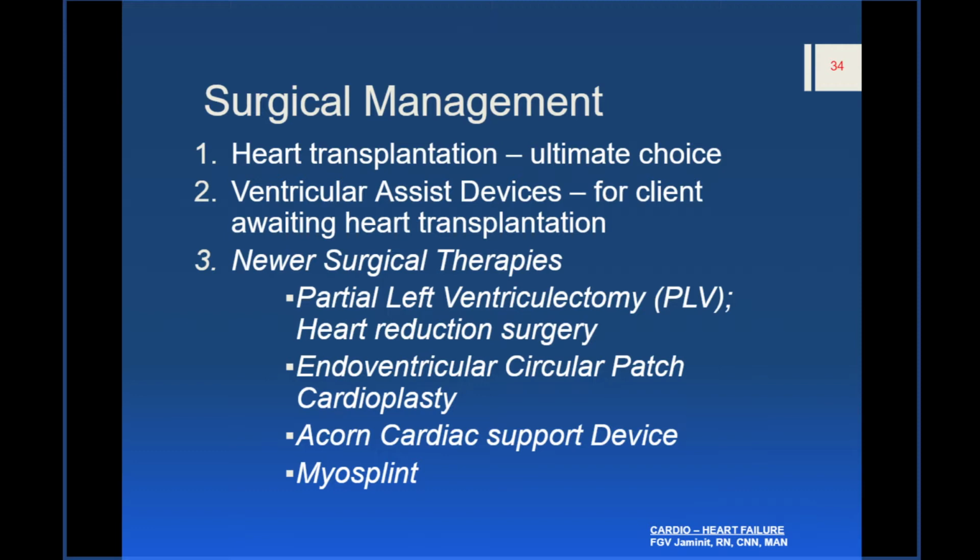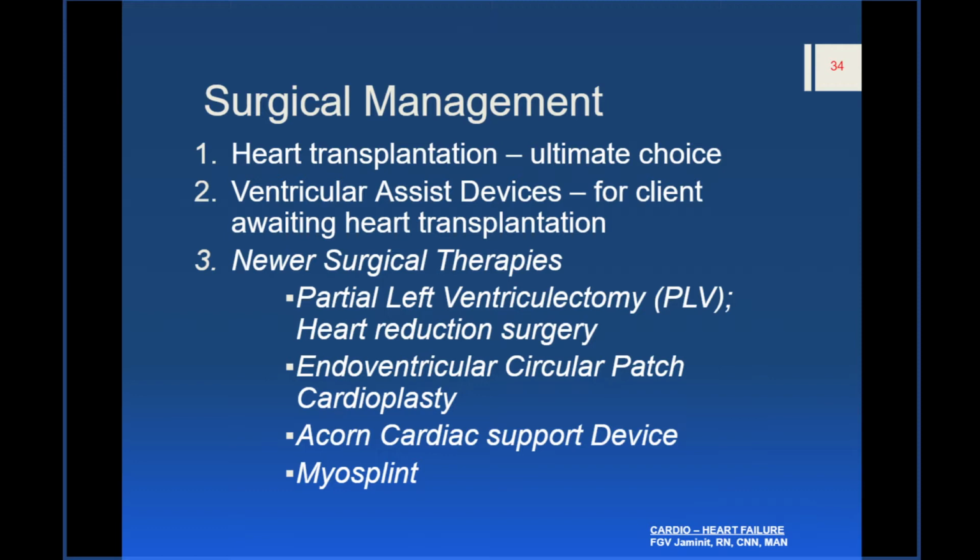So for the circular patch, from the word itself, patch, no, it provides support to the heart. So we put in a patch attached to the heart, and it provides support as it contracts. The purpose is the same with the Acorn cardiac support device, no. It acts as support.